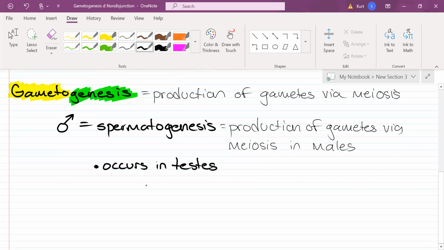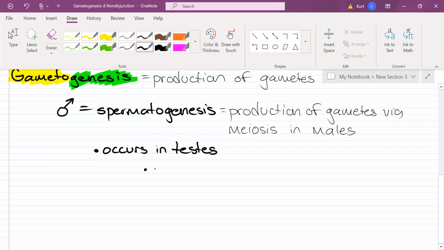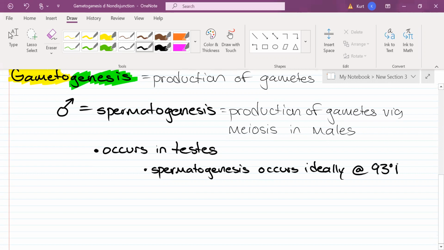Now, fun fact. We'll see if the guys know this. Maybe the girls do. Spermatogenesis occurs ideally at 93 degrees Fahrenheit.